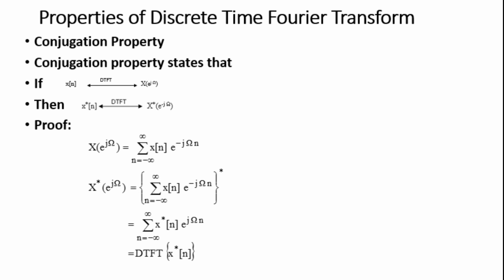X of e power j omega is equal to summation n is equal to minus infinity to infinity x of n into e power minus j omega n.